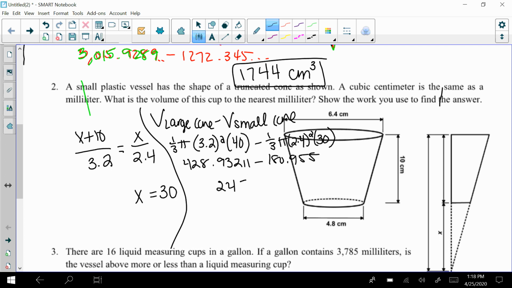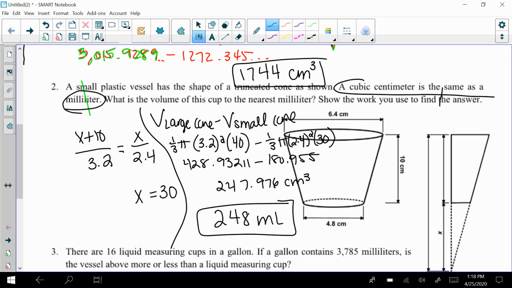And that gives you a final answer, to the nearest milliliter, of this many cubic centimeters, and then they say a cubic centimeter is the same as a milliliter. So this would be about 248 milliliters. Put that on your answer, this guy.